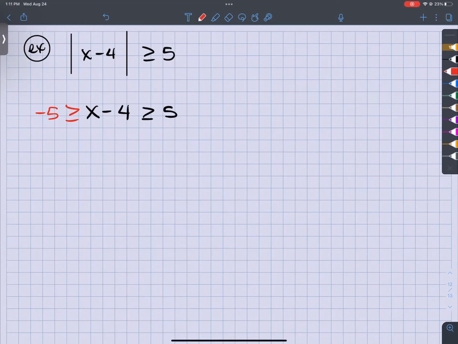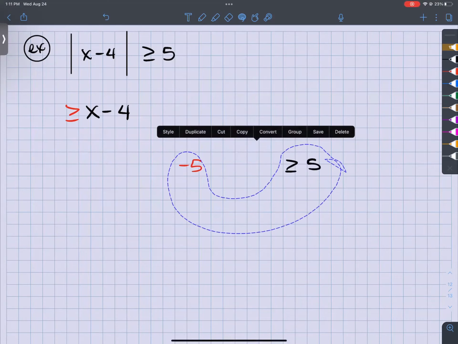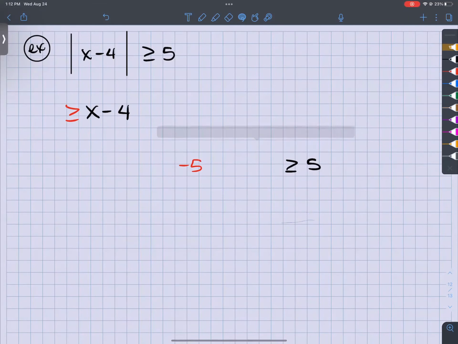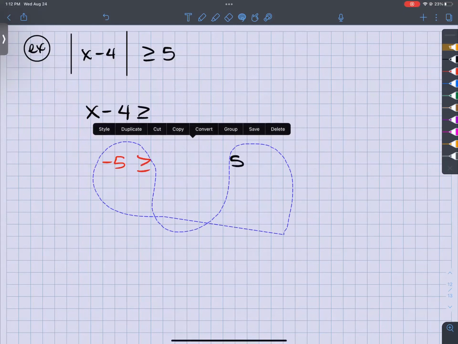You write that. Okay. Is that a true statement? No. -5 is not greater than or equal to 5. Oops. I can use the other symbol, but the other symbol is going to give me the same thing. That doesn't make sense. Everybody see that?